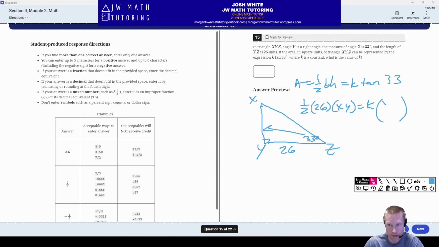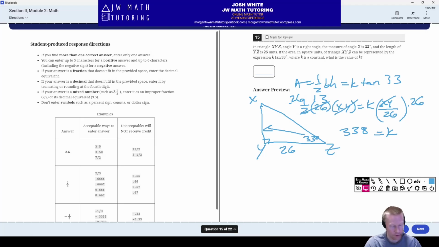So it's going to be opposite, which is XY, over adjacent, which is 26. So now what happens when I go to simplify this? First of all, the XYs are going to cancel out. Next, I'm going to multiply by 26. So K is going to be equal to, first of all, 1/2 into 26 also becomes 13. So K is really just going to equal 26 times 13, which is going to be 338.